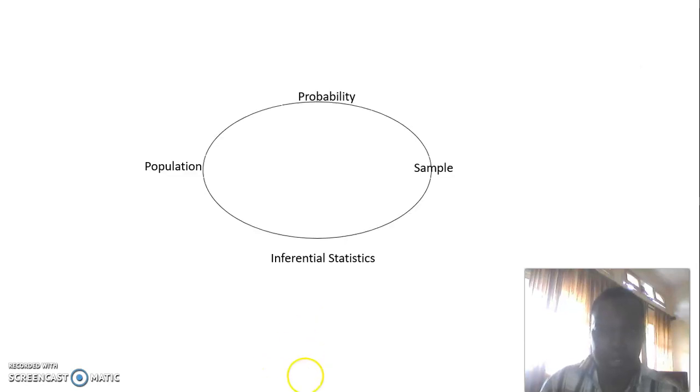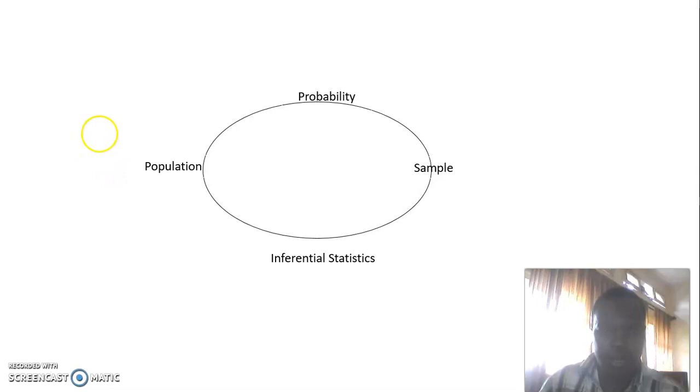As you can see, due to costs, we cannot select all elements in the population and conduct a survey or collect data on them.